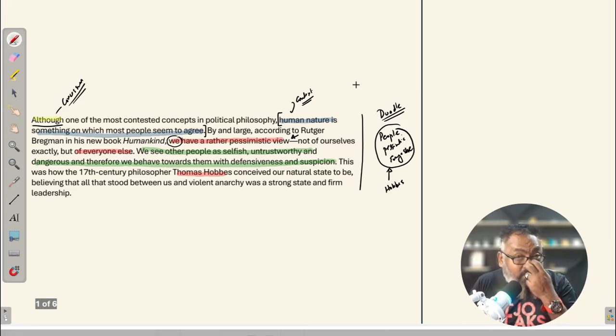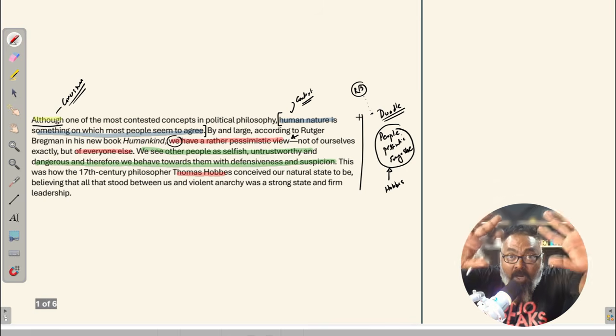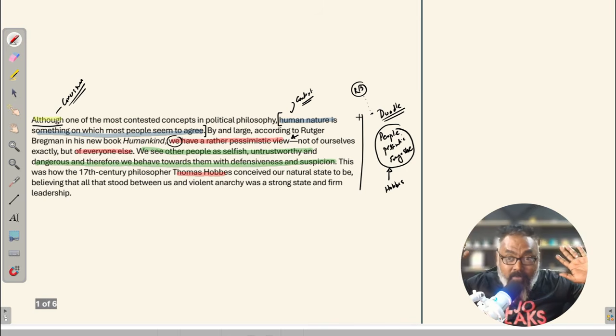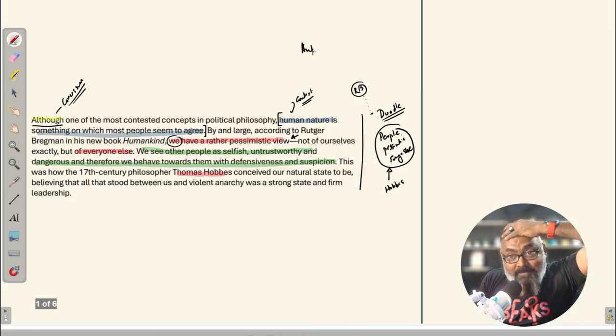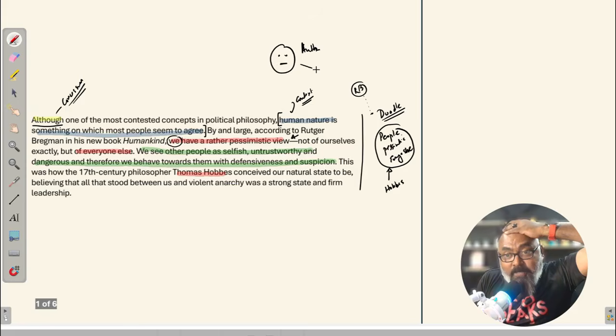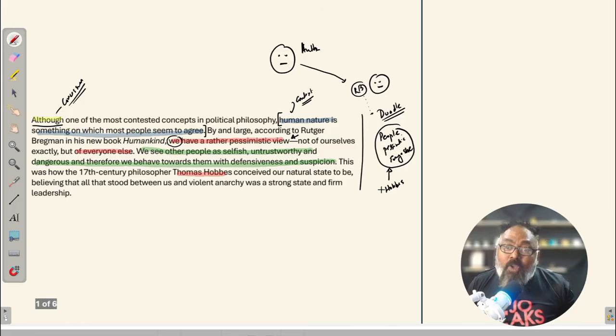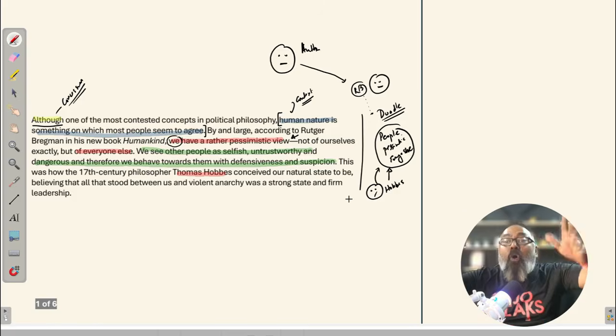Now, there is another person here which is very important to understand. There is Rutger Bregman. He is merely quoting this. We don't know the heart of Bregman. You are getting what I'm saying? Now, there is an author, and at this point in time the author is pretty neutral. The author is basically saying that Bregman is saying that people have this specific view, which aligns with Hobbes.